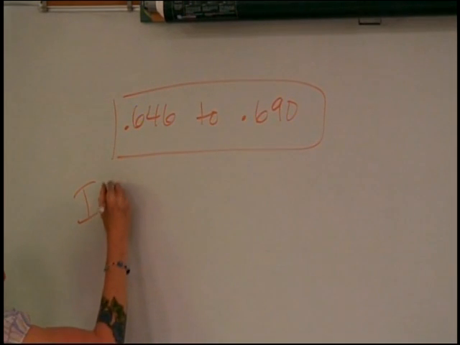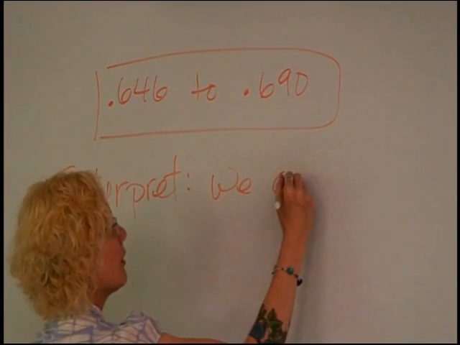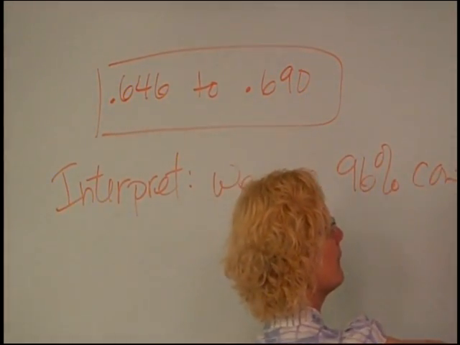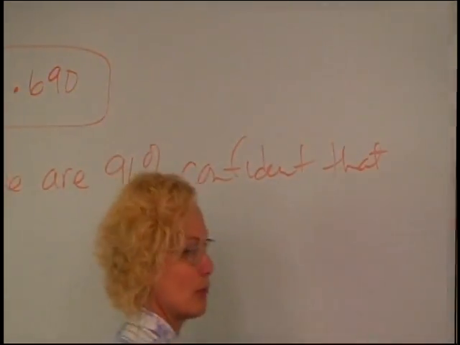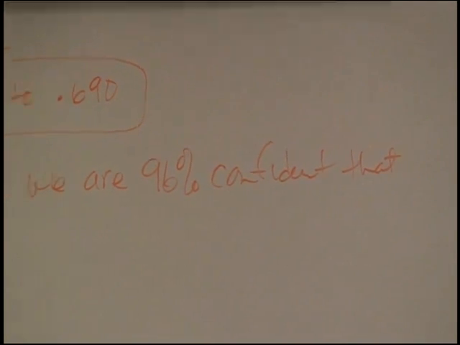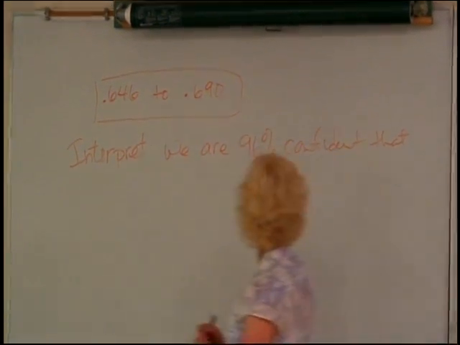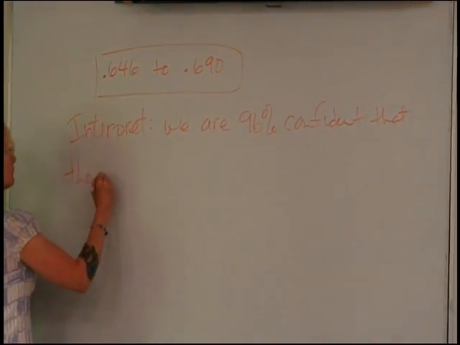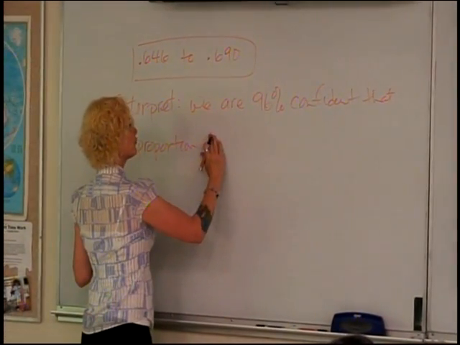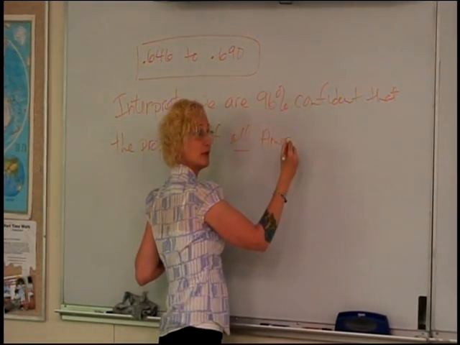So to interpret, we are 96% confident that, what were we estimating here? The proportion of Americans who believe traditional journalism is out of touch with what people really want. Let's say the proportion of all Americans, because we are estimating a population value.